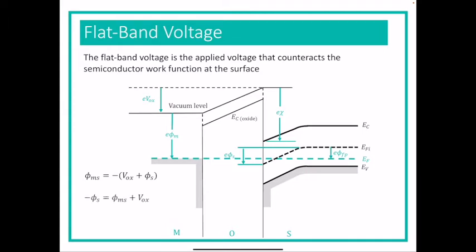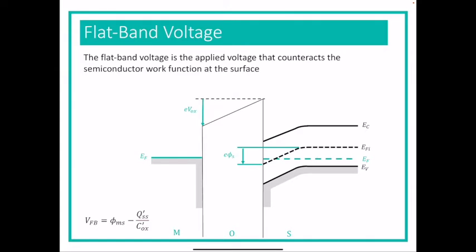So we can move that around a little bit, and we can say that that semiconductor work function at the surface is equal to the metal semiconductor work function, which now we can find, and the voltage across the oxide, which again, we actually can find. So that is actually what the flat band voltage is equal to. And we could actually find that if we know the charge stored in the oxide, which, as I said, is something that you can find out. So we could actually figure that out.